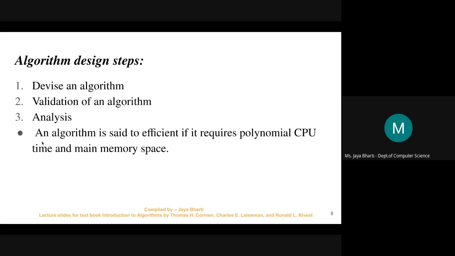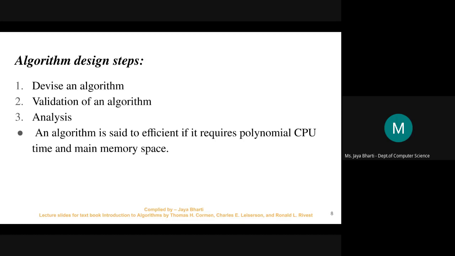Then an algorithm is said to be efficient if it requires polynomial CPU time and main memory space. So everyone, I think, has heard about polynomial and non-polynomial time. If you don't know, then don't worry. We will study it in the later topics.